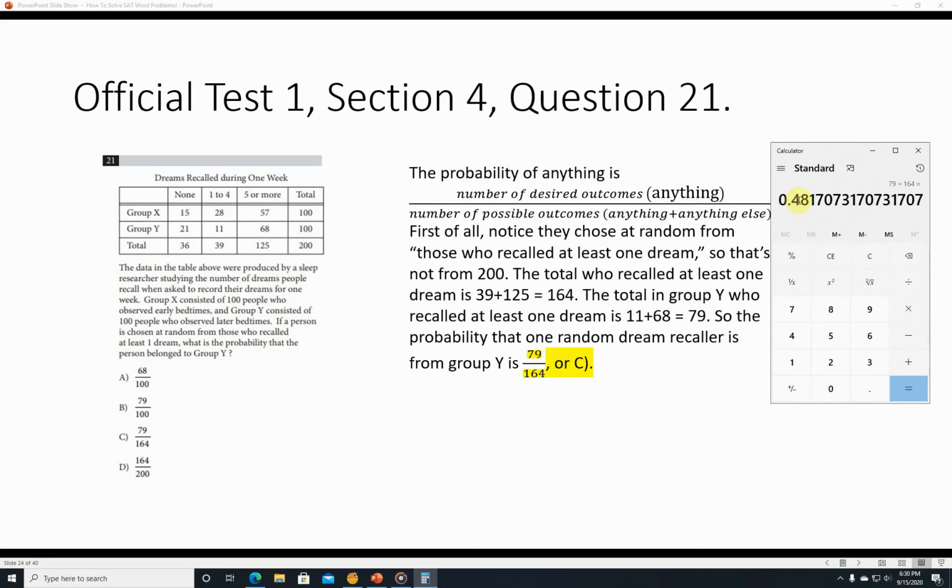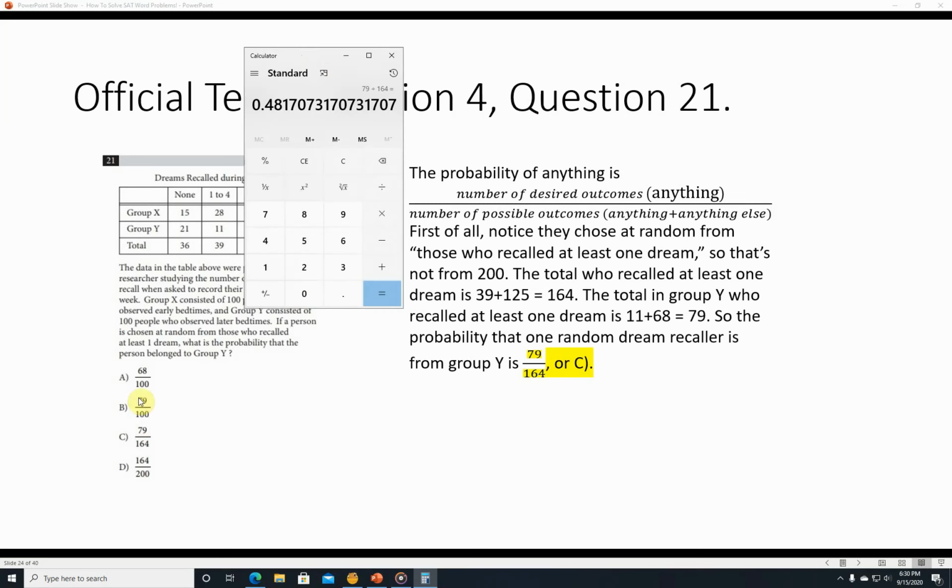That's 0.4817. But if I looked at the answer choices, I would realize I could just go 79 over 164, and that's answer choice C. If they needed a decimal, you could say it's approximately 0.48. Anyway, that's choice C.